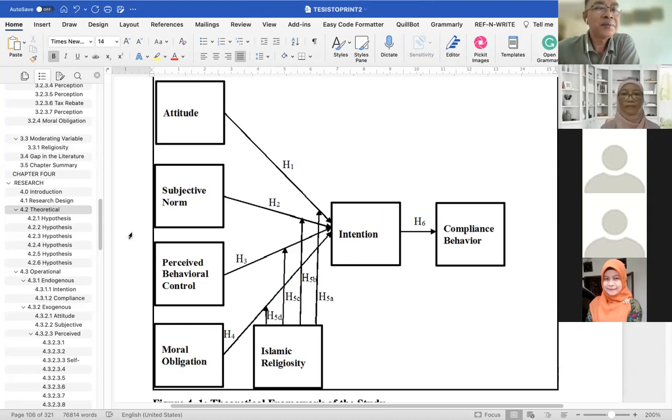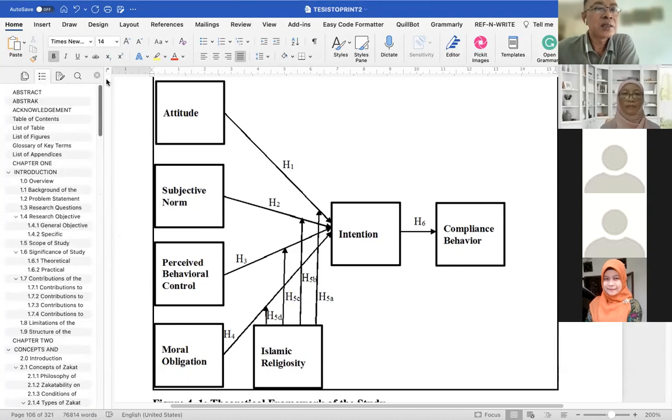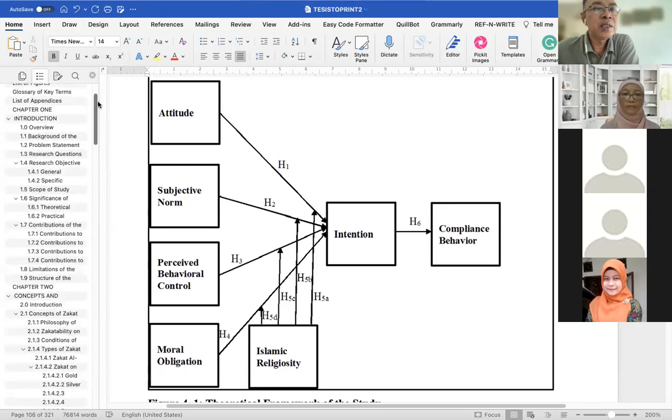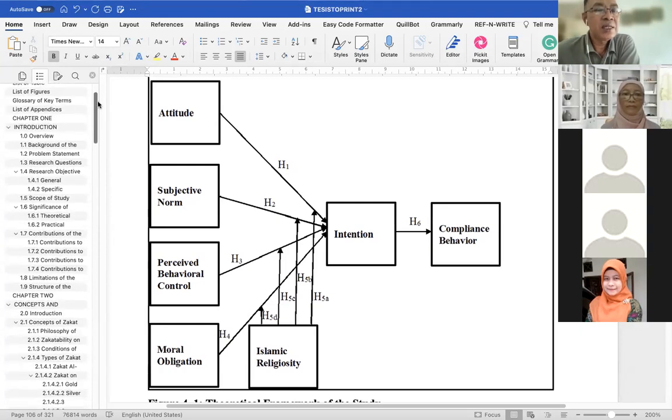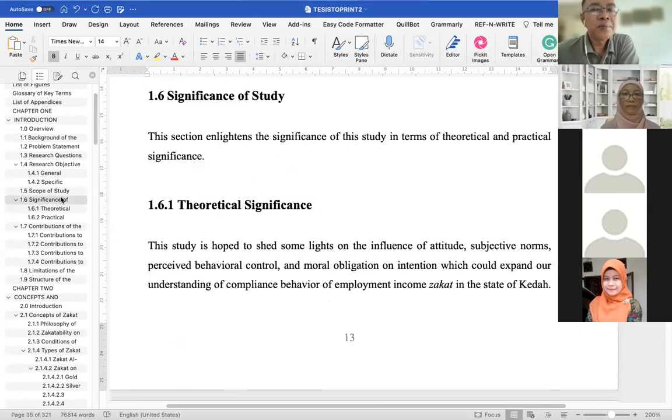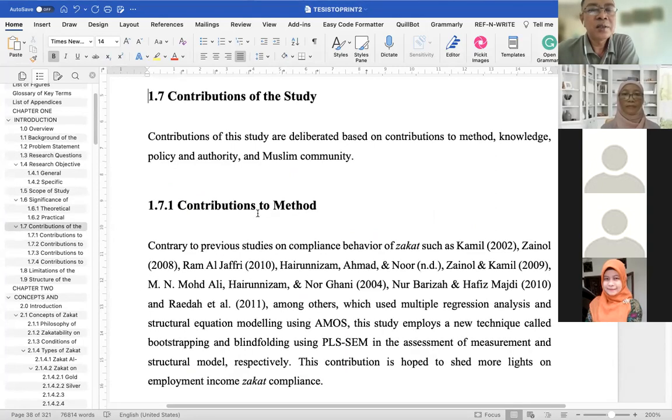For example, the benefit in research we call the significance. Some people write it as contributions. So for the contributions of the study, you can write in terms of contributions to method.